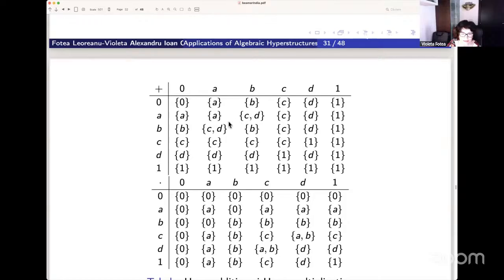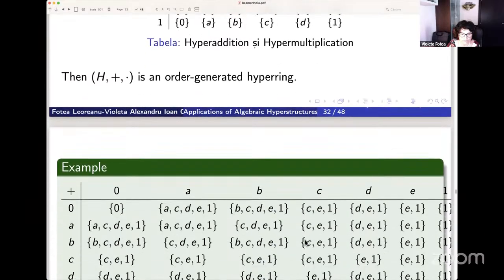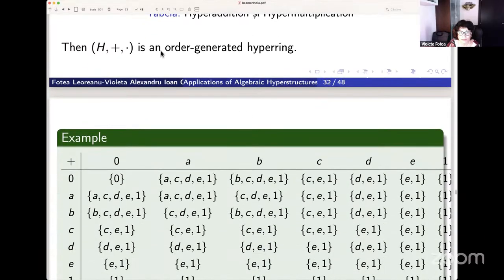They are less multiple valued hypercompositions, for the composition of two elements just a few. And we obtain an order-generated hyperring.